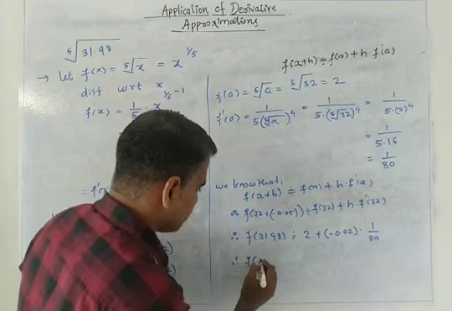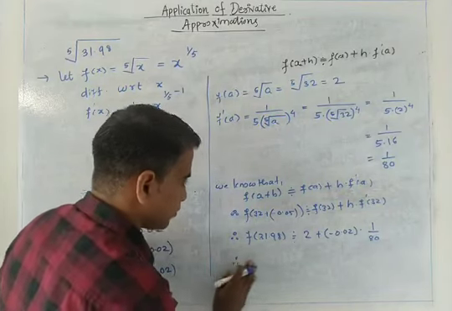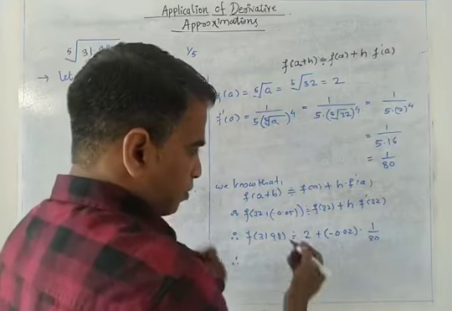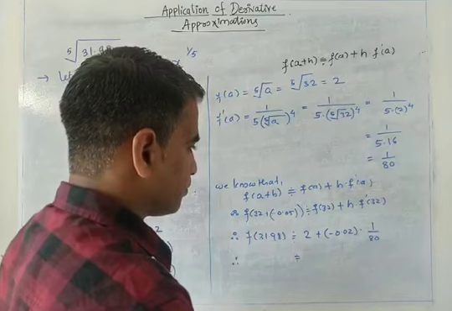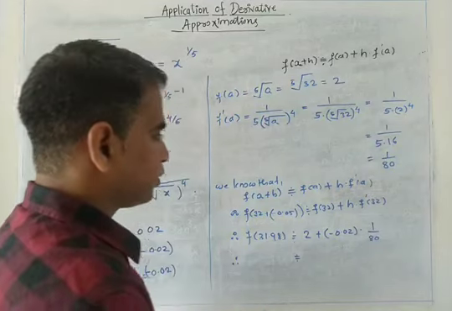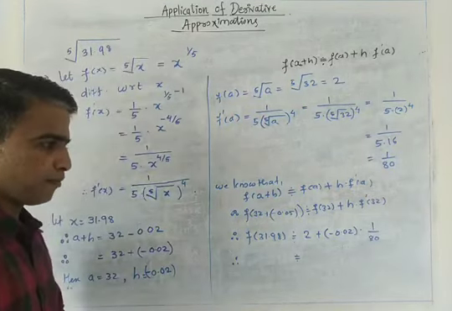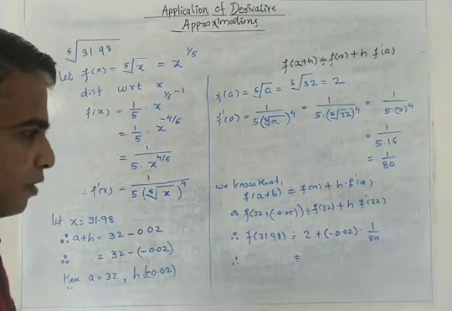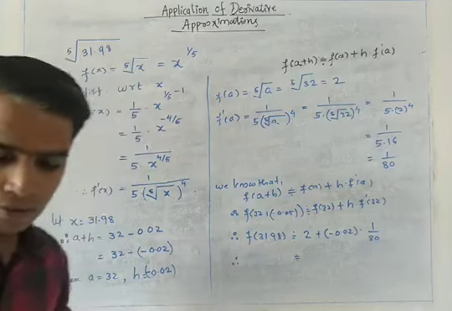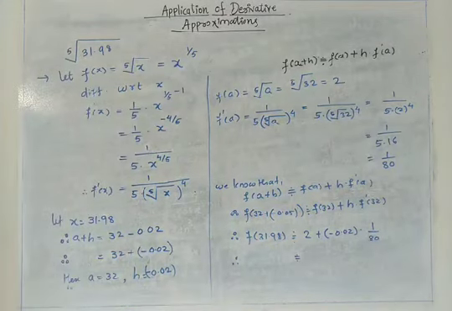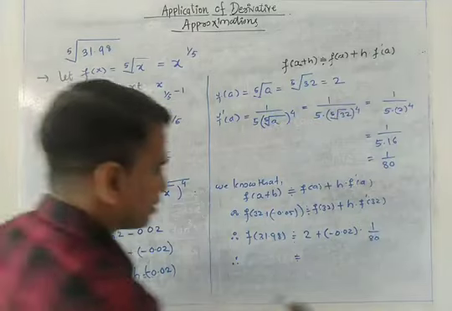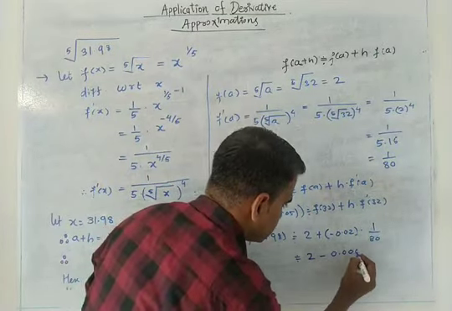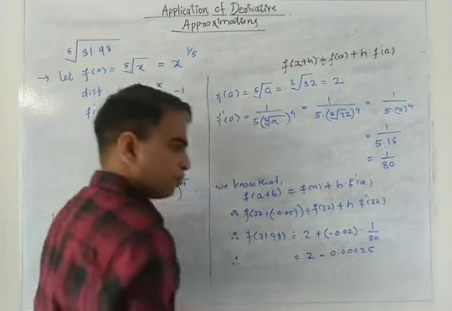Now simplification. So simplify it properly. So 0.02 divided by 80. What is the answer? Check it again properly. So we will get division 1 minus 0.00025.